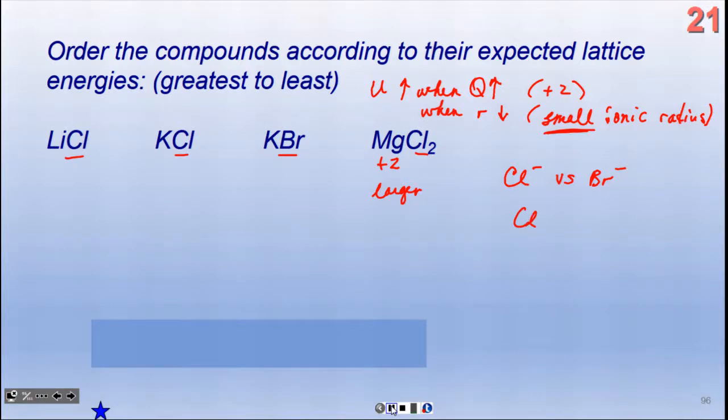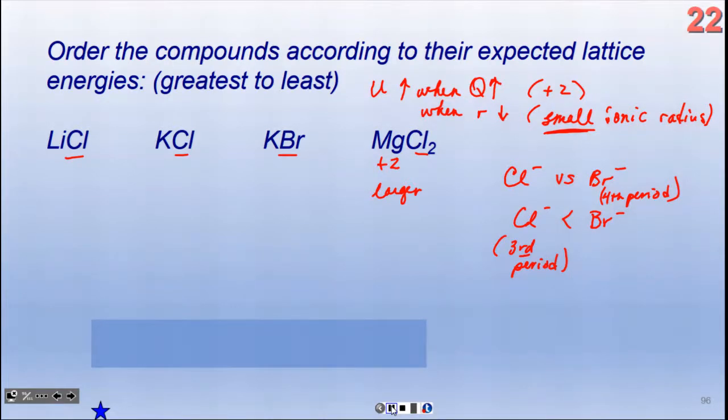Well, chloride is in the 3rd period, and bromide is in the 4th period. And so that tells you that the one with more shells is going to be larger, so chloride is smaller than bromide. So the smaller ionic radius gives us a larger lattice energy.